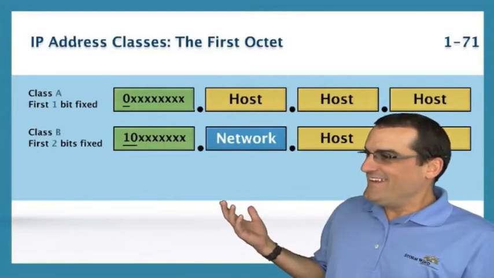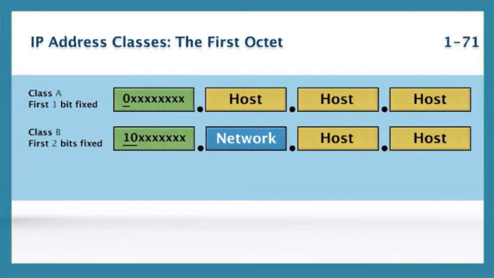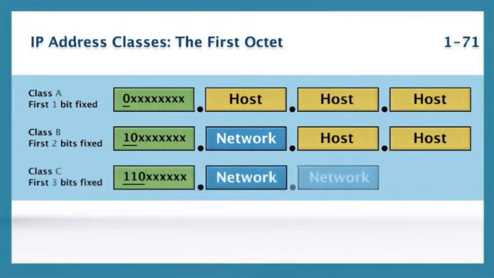And then they said, let's create IP addressing for small networks. And this is our Class C. The first 3 bit positions are fixed to 1, 1, 0.